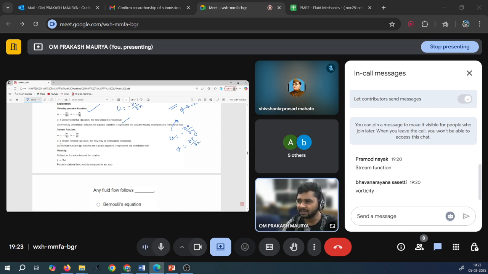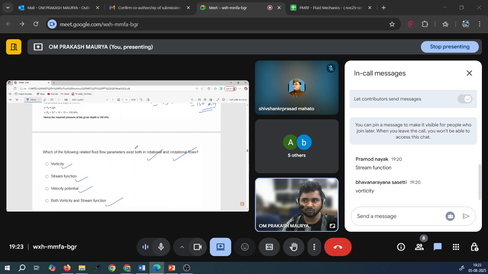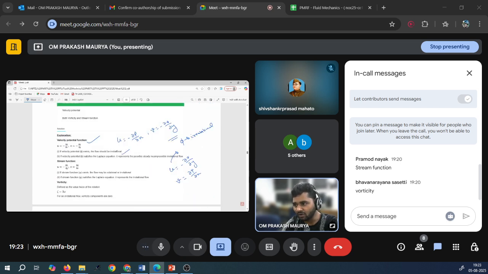If the stream function exists, the flow may be rotational or irrotational. The question links with this. But if the potential function exists, only irrotational flow is possible. Remember please, only irrotational is possible. But if the stream function exists, it may be rotational or irrotational.